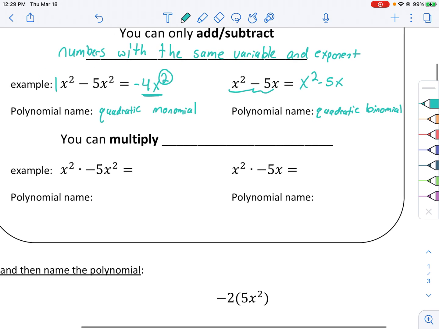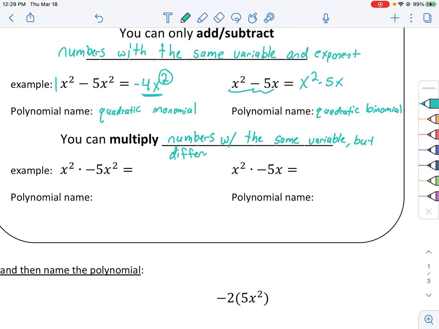All right? We can multiply numbers with the same variable but different exponents.